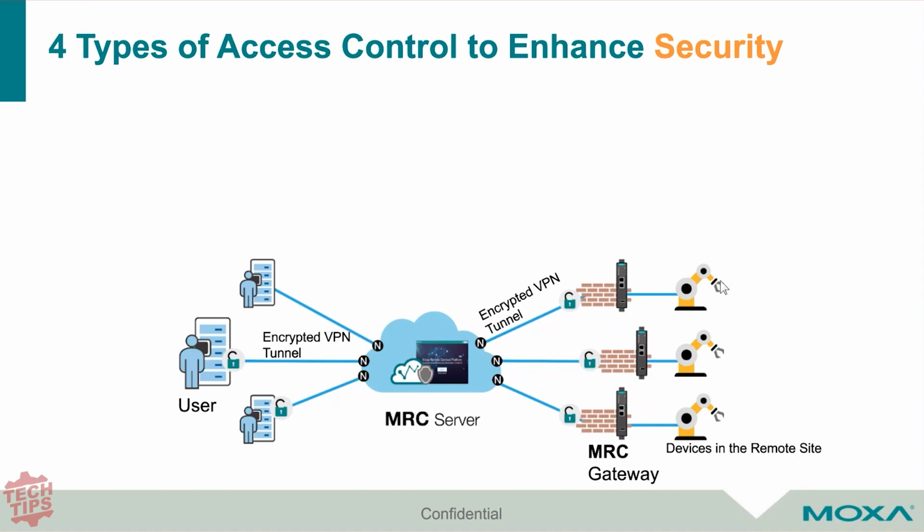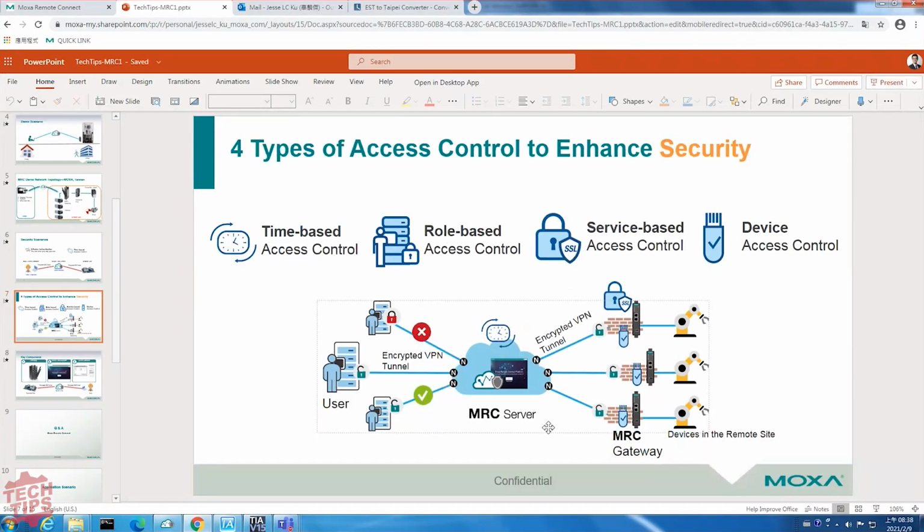For example, if the first gateway uses Siemens, the second uses ABB, the third uses maybe Mitsubishi, then we can specify that client A can only connect to Siemens, client B can only connect to ABB, and client C can only connect to Mitsubishi. So we can have this kind of access control to prevent the wrong users from accessing the wrong devices.